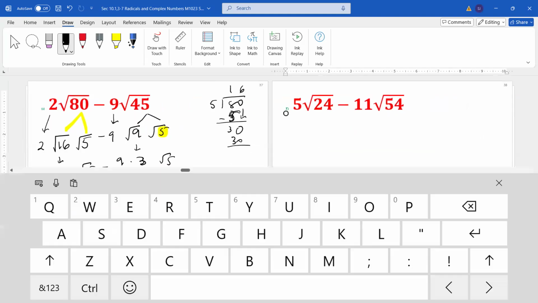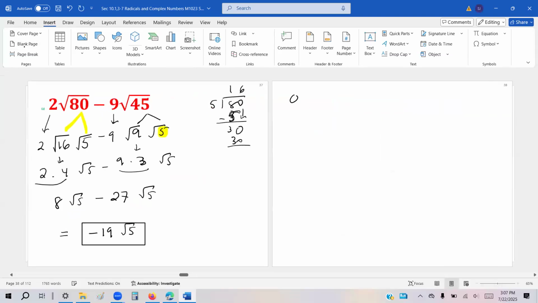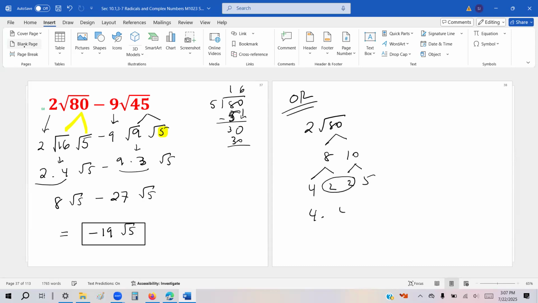So if you do use 8 and 10, no problem. Let me show you what to do if you use 10 and 8. Or 2 square root of 80. But you're not done here. You have to keep reducing. So 8 is 4 and 2, 5 is 2 and 5. So you see 2 twice. So it's 4 times 4 times 5.